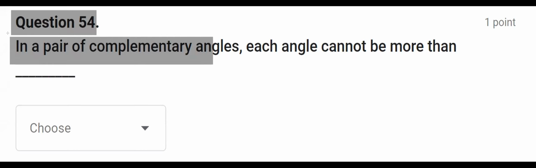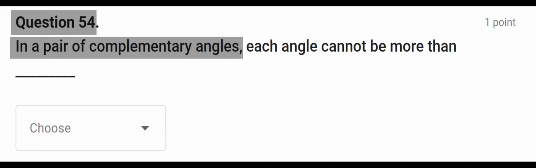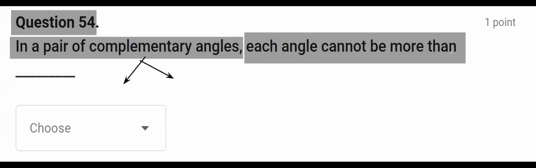In the next question, 54, it says in a pair of complementary angles, each angle cannot be more than what? Complementary angles are those angles whose sum is 90 degrees. Let's say A and B are two angles. In order to be complementary, their sum has to be 90 degrees.